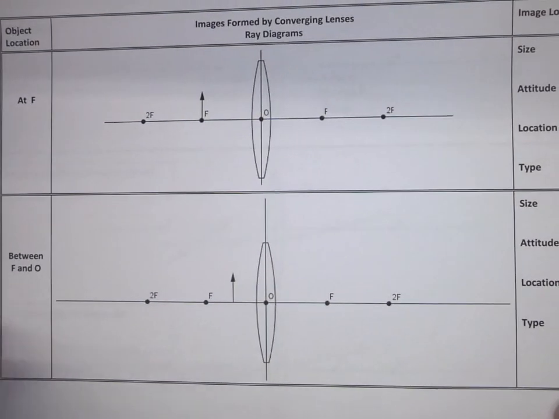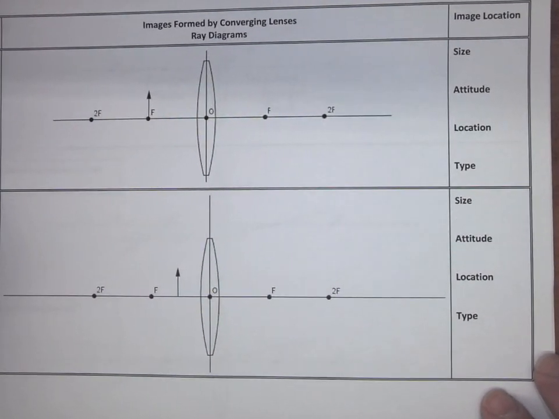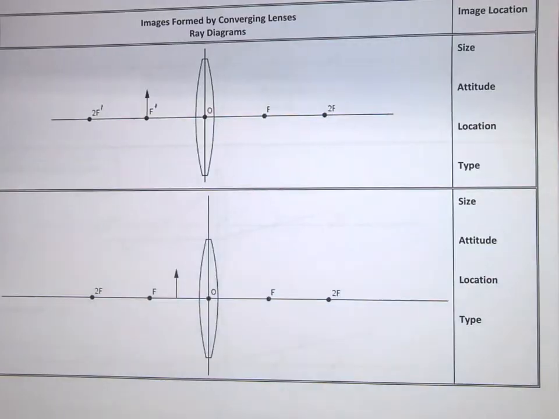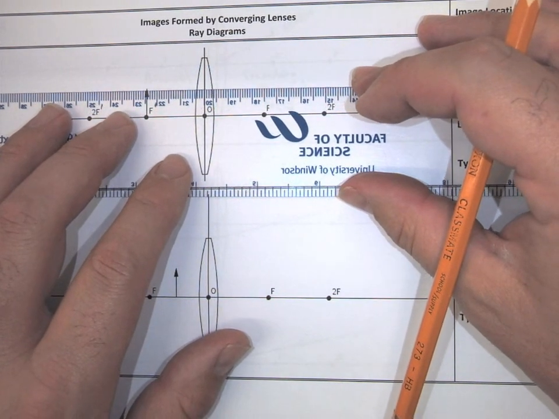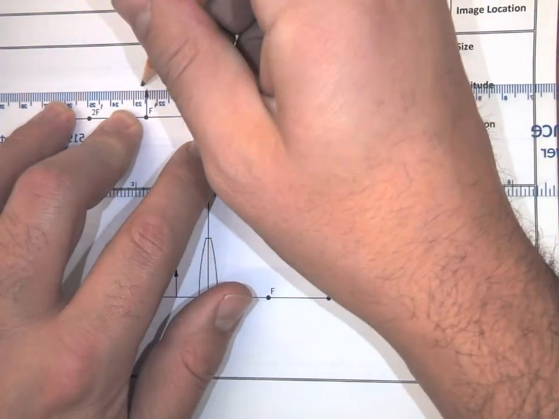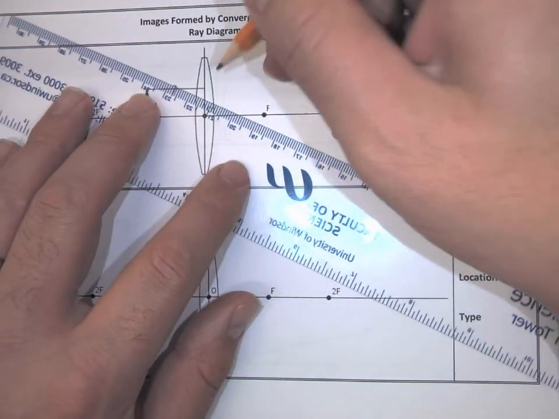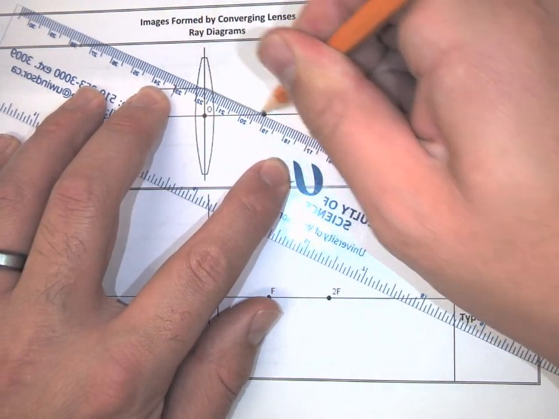Case number 4. Our object is located on the secondary principal focus. Ray number 1 will be drawn parallel to the principal axis and will refract through the focal point.